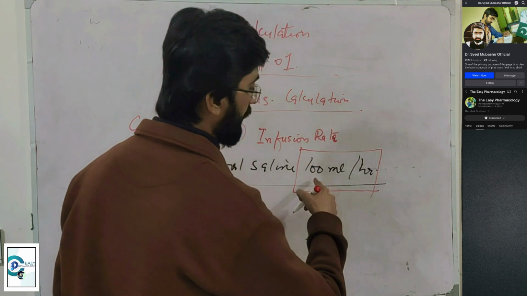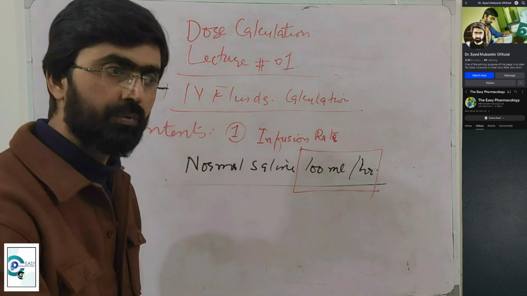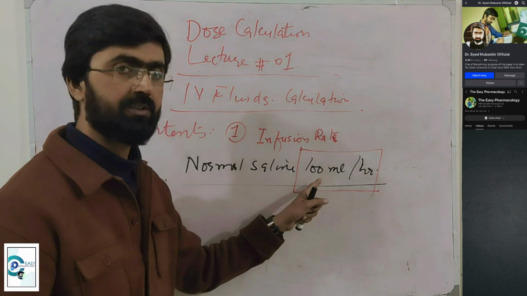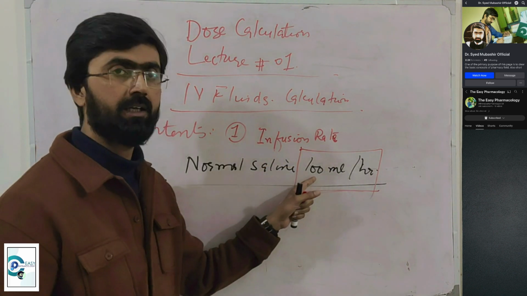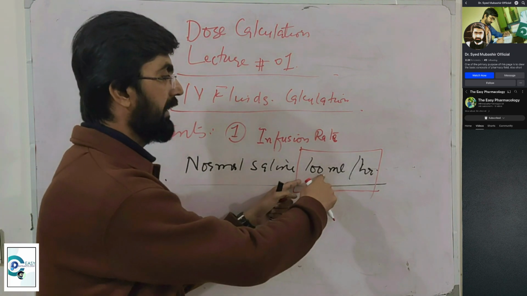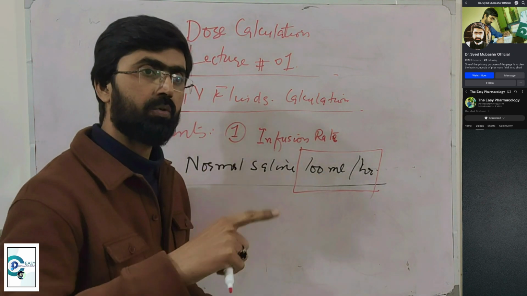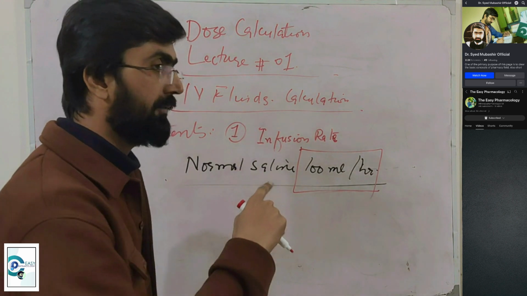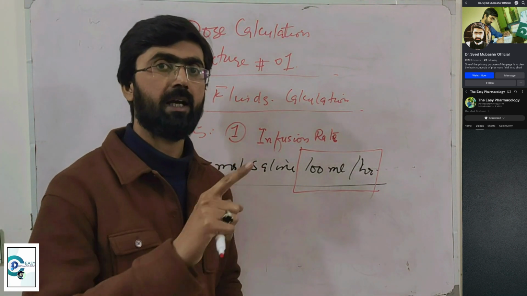The doctor has given these directions: 100 ml we have to infuse into the patient. How much quantity of the normal saline? Total quantity 100 ml. And in how much time? Total quantity of 100 ml we have to infuse over 1 hour.